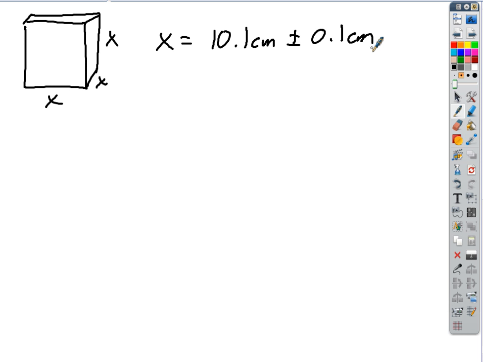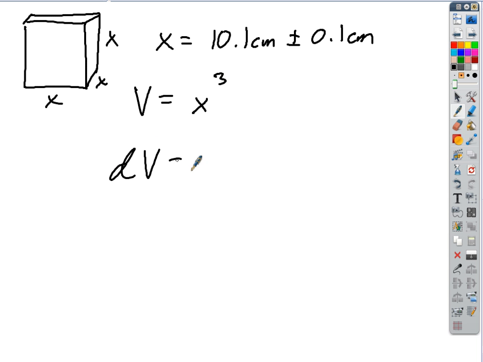Okay, so let's try this one then. We're calculating volume. What's the formula for the volume of a cube? Which is x cubed. Okay, so if we want to calculate the approximate propagated error in volume, look how easy this is. It's just dV.